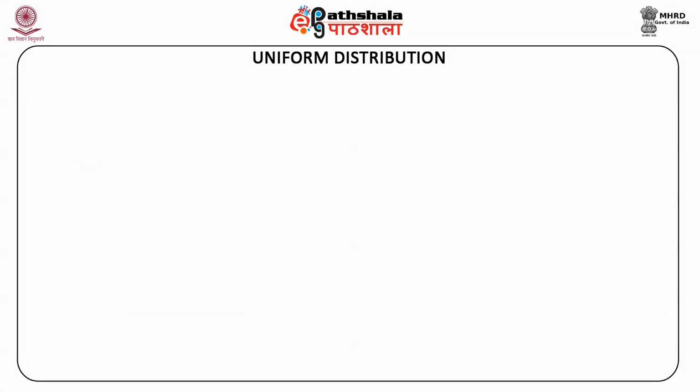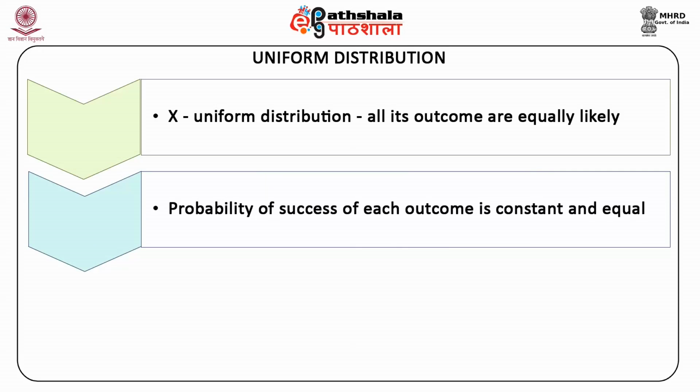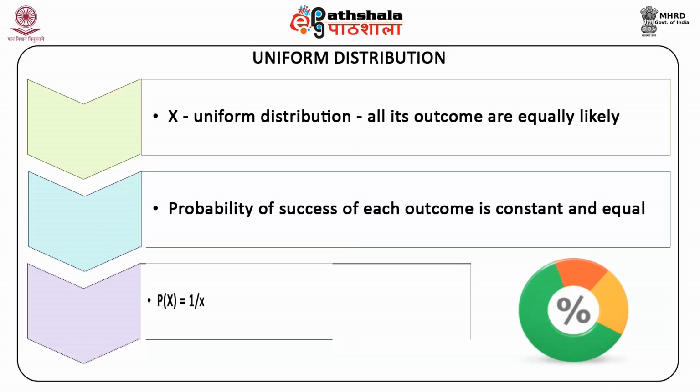Let us begin by understanding the meaning of uniform distribution. A discrete random variable x is said to follow a uniform distribution when all its outcomes are equally likely, that is, the probability of success of each outcome is constant and equal. The probability distribution for a uniform variable is p of x equal to 1 upon n, where n is the number of outcomes.